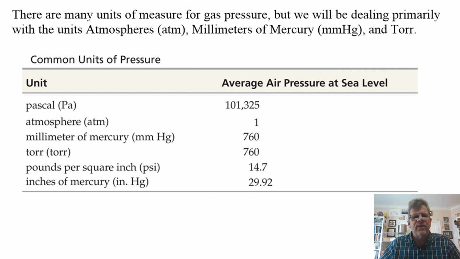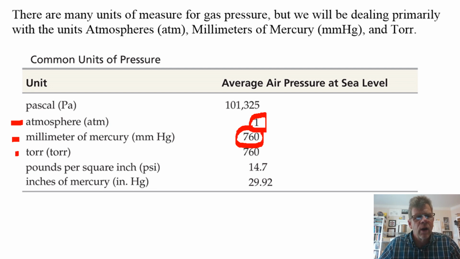And if we use that as our standard, for our three big ones that we're going to be using here, for instance, atmospheres: 1 atmosphere is the average air pressure at sea level. Millimeters of mercury: 760 millimeters of mercury is the average air pressure at sea level.